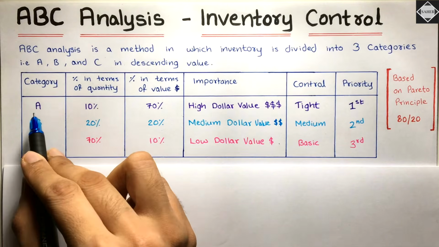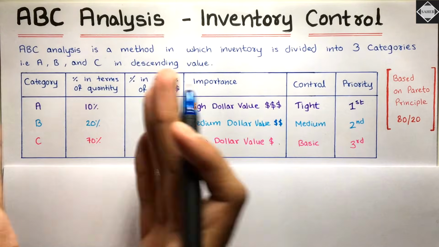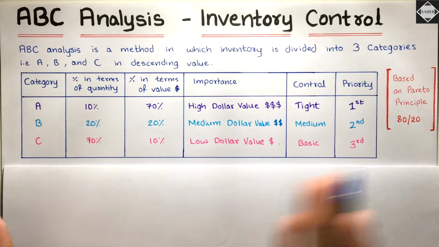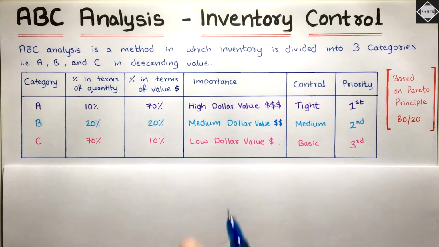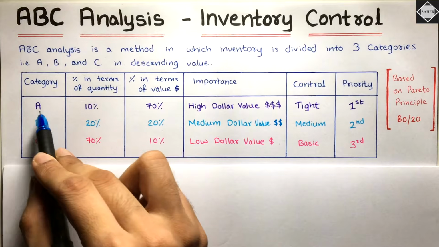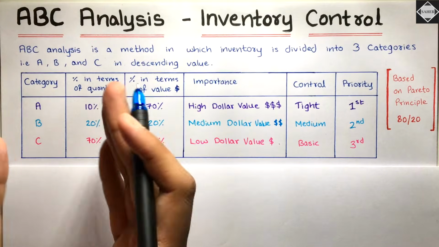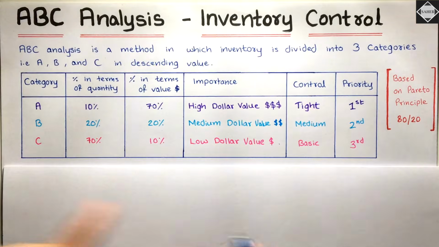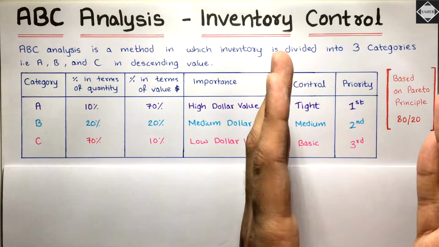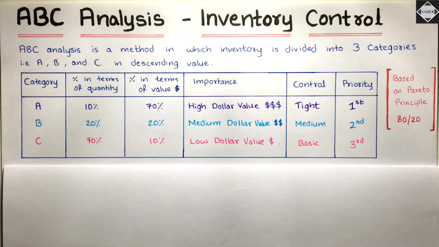So that will be category A. You will have less of them, only 10% of your stock, but the value will be very high, 70%. Whatever you have invested in your shop, 70% of the money is invested in the inventory of wedding clothes, right? And then you will have B category of normal clothes, and then C category of very cheap clothes, right? So this is what happens. It has been segmented like this.